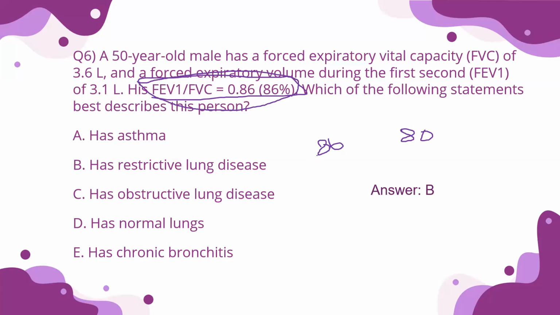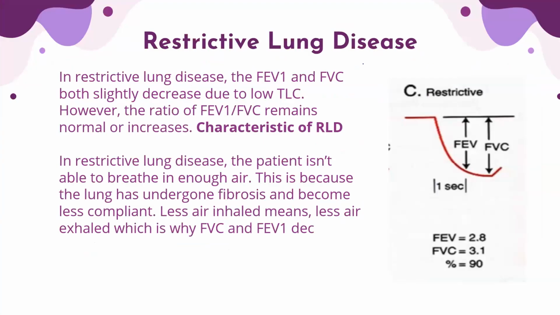Whereas with an obstructive lung disease, the FEV1 to FVC ratio is going to be less than normal. That's why the answer here is B, because it's more than normal.